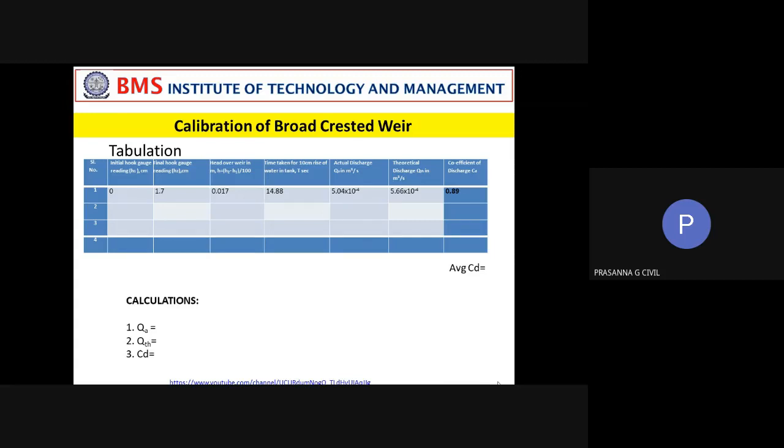So the head over the weir will be H2 minus H1 divided by 100 to convert it into meters, and we have 0.017. The time taken for water to collect for 10 centimeter rise in the measuring tank is indicated in seconds as 14.88. So these are the readings that will be taken from the experimental setup.